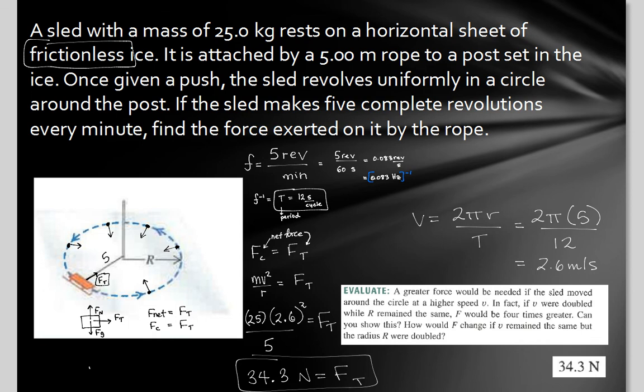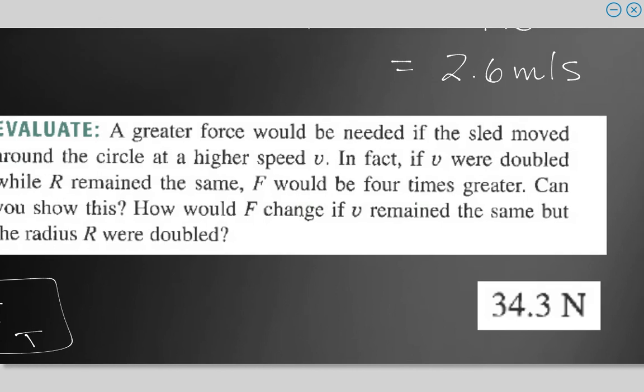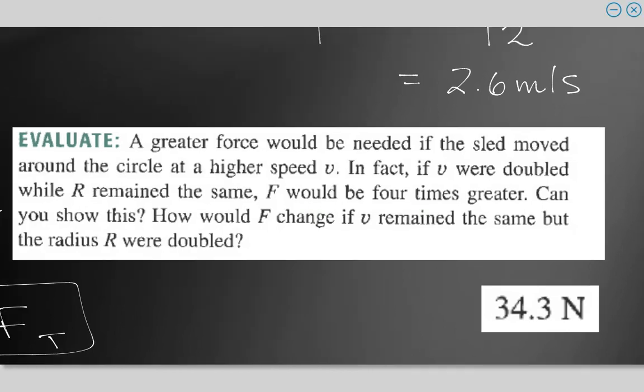So evaluate. A greater force would be needed if the sled moved around the circle at a higher speed v. In fact, if v were doubled while the radius remained the same, then the force would be 4 times greater. Can you show this?